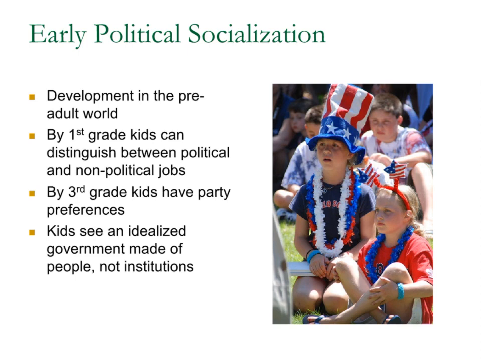Now, kids tend to see an idealized picture of government. They can't explain checks and balances or understand the legislative process or any of the concepts that we're talking about here in this college course, but they nevertheless have a good sense of what the government is, and they have a very idealistic picture of the government.